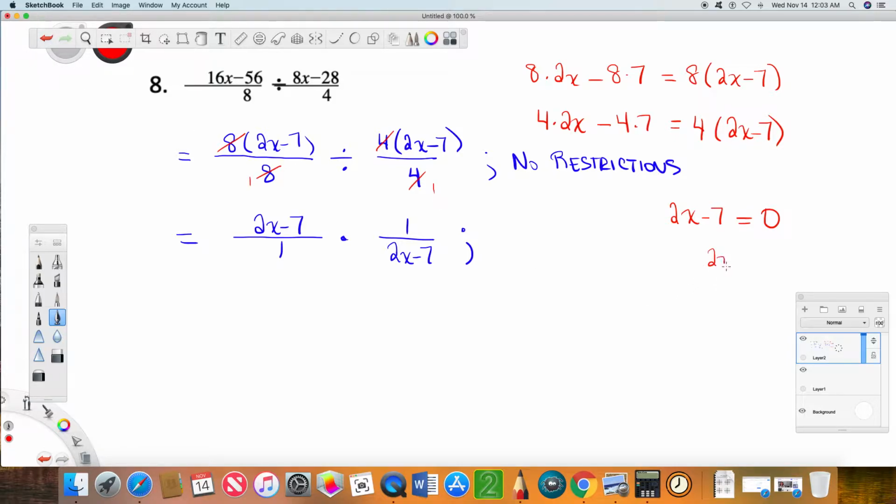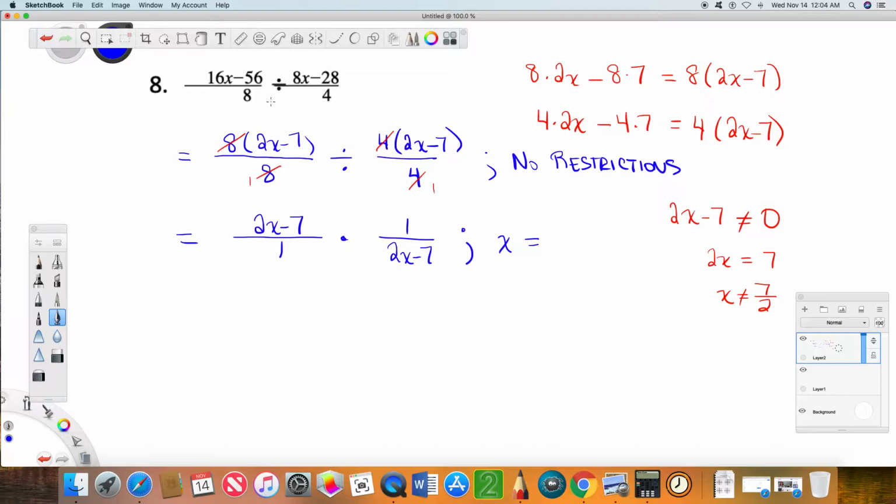We solve this equation in 2 steps. We add 7, and then we divide by 2. If you want to make sure that this denominator is never equal to 0, you have to make sure that x is never equal to 7/2. That's the only restriction that we have for this problem.